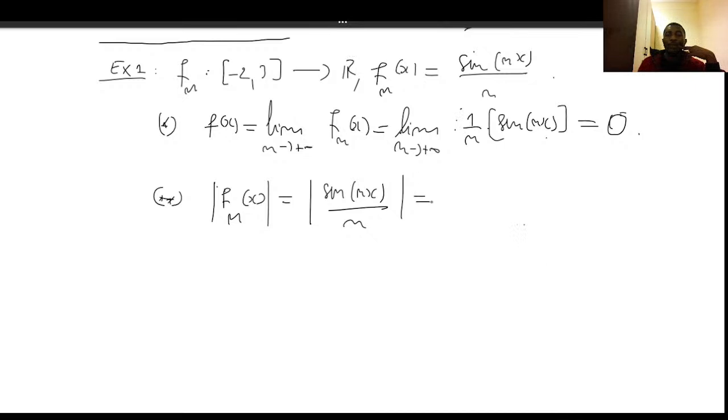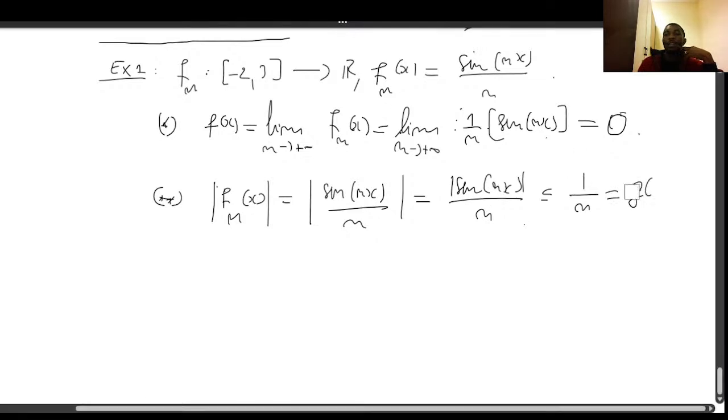The absolute value of this is the absolute value of sine of nx divided by n, because the absolute value of the quotient is the quotient of absolute values, and n is positive, so the absolute value of n is just n. But we know that the absolute value of sine is always less than or equal to 1. So all this will be less than 1 divided by n. So this is an expression that depends on n.